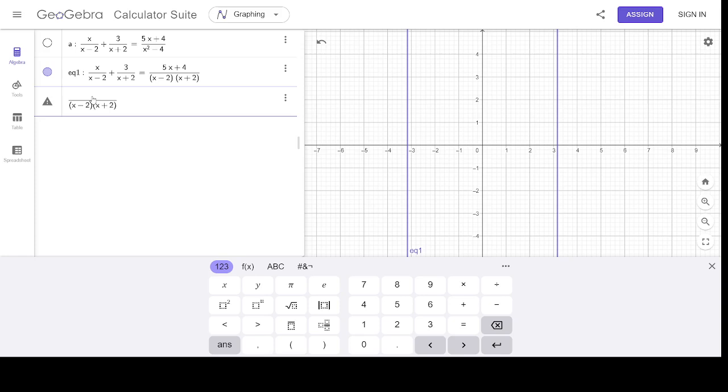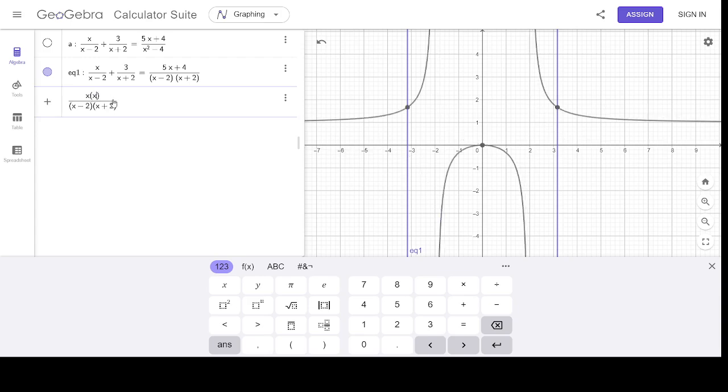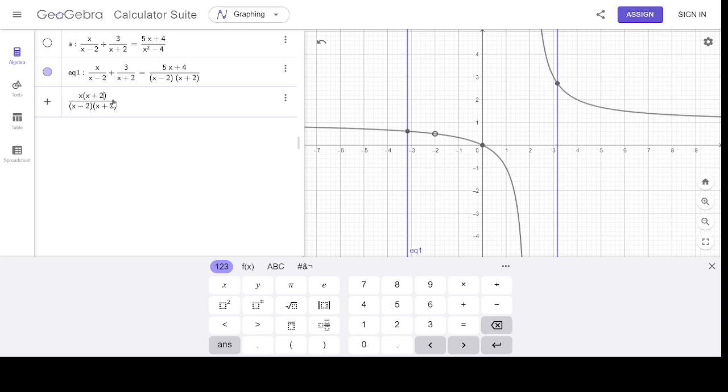So we will take x minus 2 into bracket x plus 2 divided by x minus 2. So x minus 2 will cancel x minus 2. So then we remain with x plus 2. So in this case, this is x in the bracket, and we'll have x plus 2. Then we have this plus here.